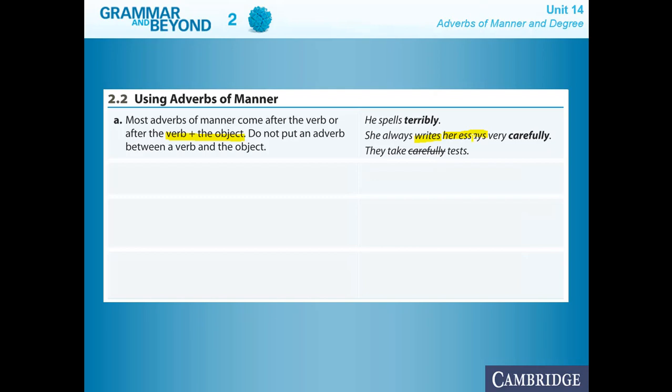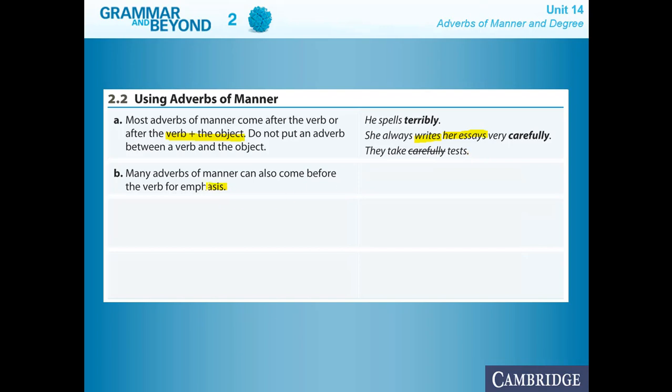Now, we cannot put the adverb between the verb and the object. We cannot do this: they take carefully tests. No, they go at the end, or after the verb, or after the verb and object. Okay. Many adverbs of manner can also come before the verb for emphasis.